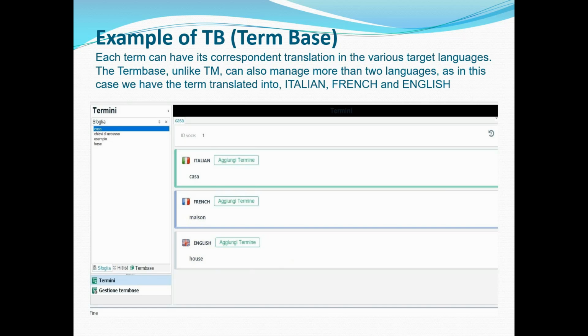But if tomorrow I'm going to translate a document from French into English, then I will have French set up as the source language and English set up as the target language. And in that case, Italian will be ignored because it's not present in that project. Okay.